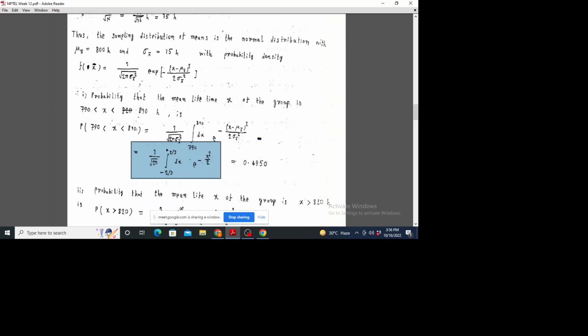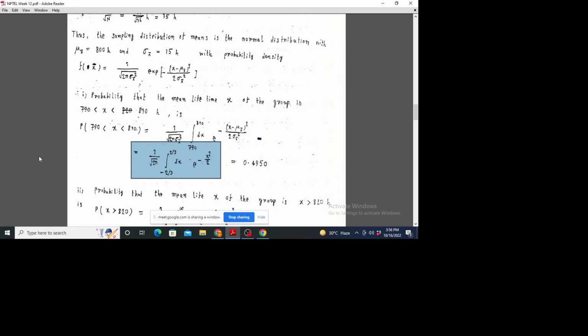And accordingly, the sigma x bar square outside gets cancelled when you do the change of variable x dash equal to sigma x bar z. So this is the change of variable technique.